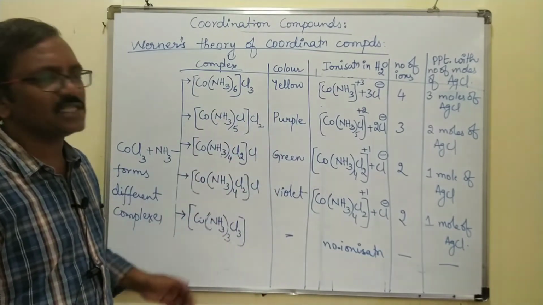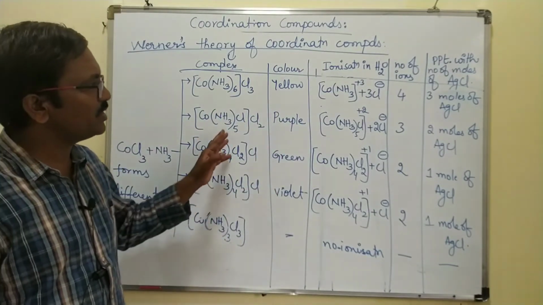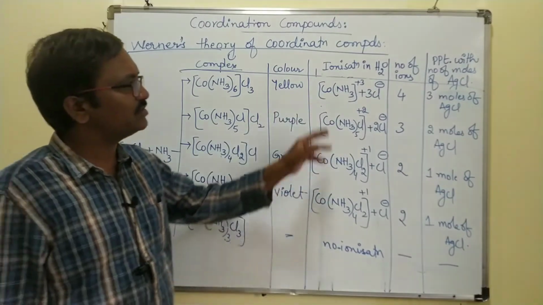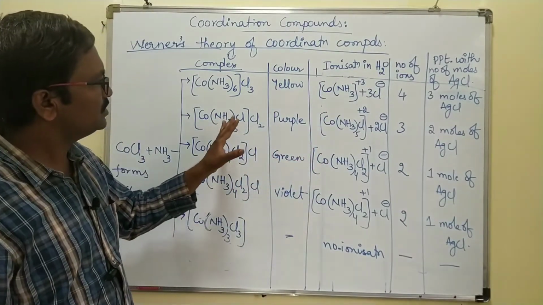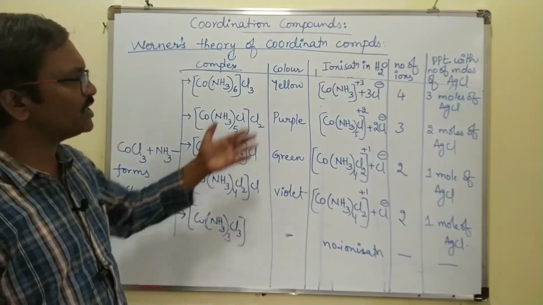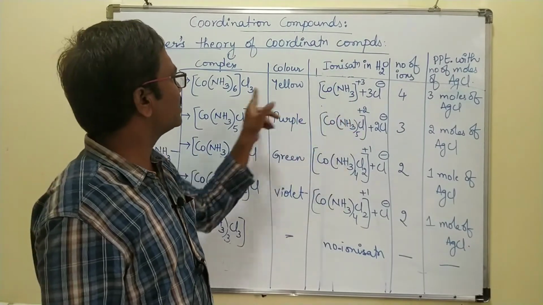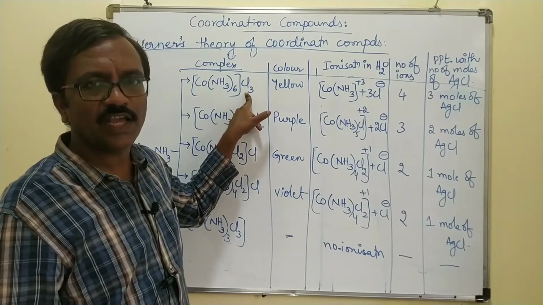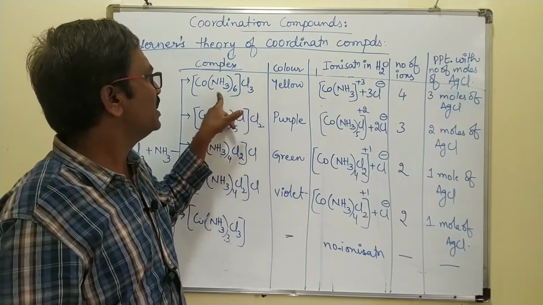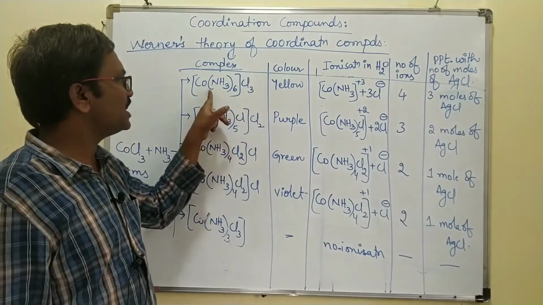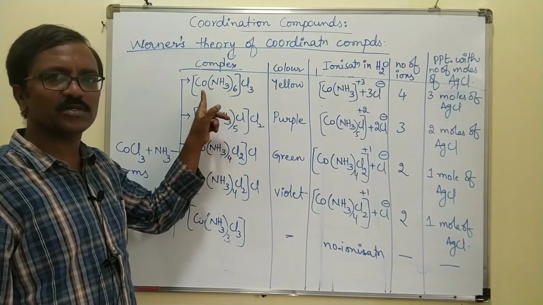Why are these complexes showing different colors? Based on the ionization. These complex structures are different, that's why they show different colors. In ionization in water, only the outside is the ionizable sphere, the inside is the non-ionizable sphere.